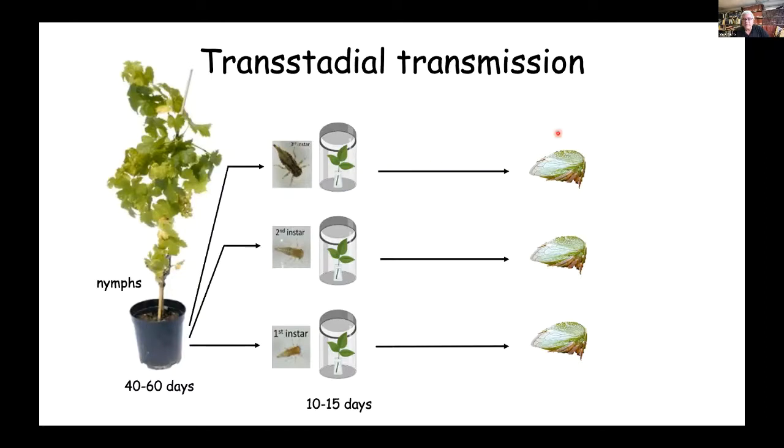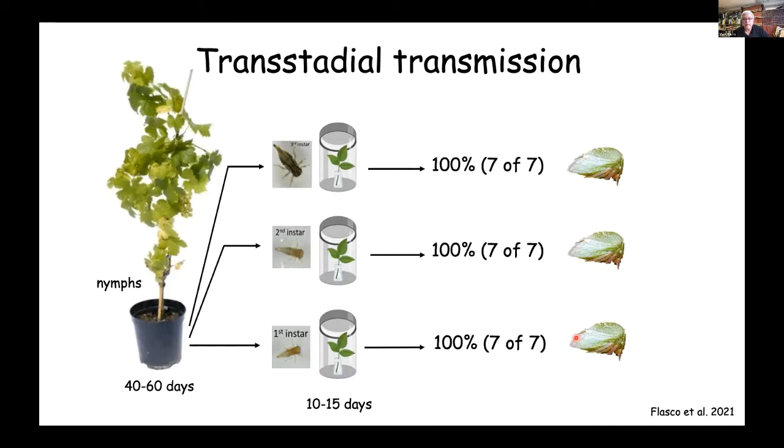So we tested these adults to see how many did carry the virus. And to our big amazement, all of them, whether derived from first, second, or third instars, all of them contained the virus. So indicating that transmission is occurring across the different development stages of the insect vector, and it's referred to as transstadial transmission.